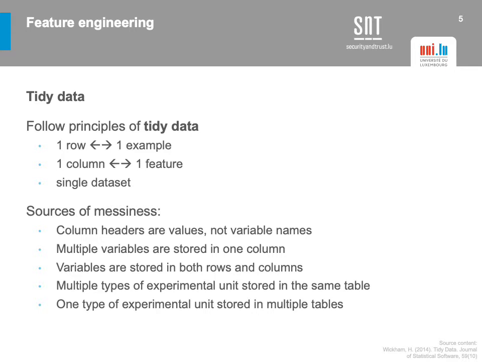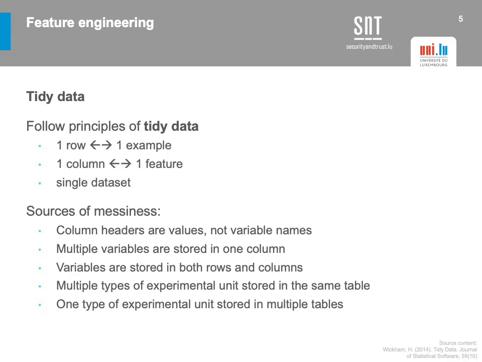One example can be that column headers are values and not variable names. So it can be the case, for example, if your data is mirrored, if your data is transposed, it means that you have features that are in rows and examples that are in columns. It can be the case that you have some values in column headers, and it's not a good practice.